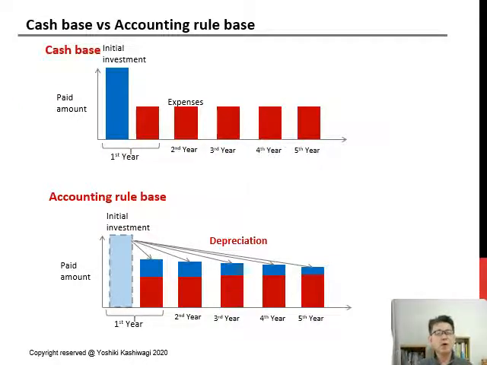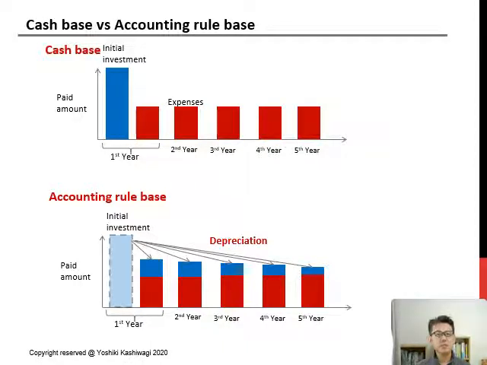Then you get what is the total revenue, what is the total profit, and am I going to be positive or am I going to be negative at the end of the 5th year? That is something we'd like to know at the end. So let's take a simple approach. That's cash base. But again, you should know this is not following strictly the accounting rules.